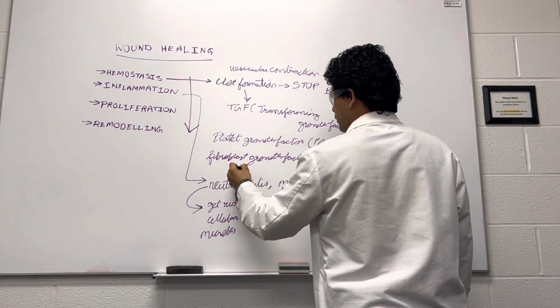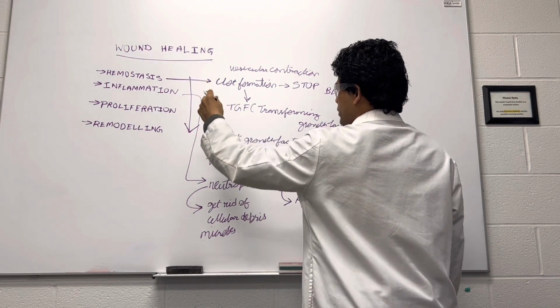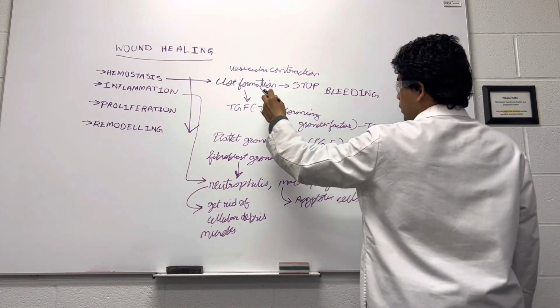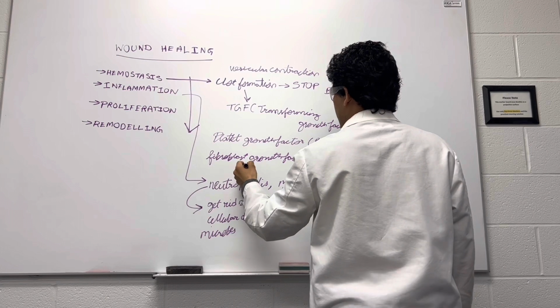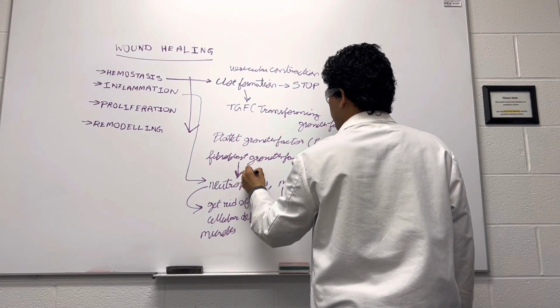In order to transition from hemostasis to inflammation, after the blood clot formation has occurred, it will instigate, or give a signal for, inflammation.